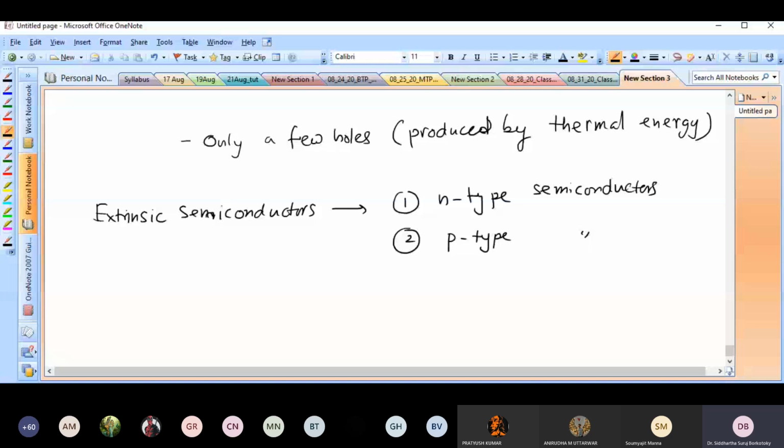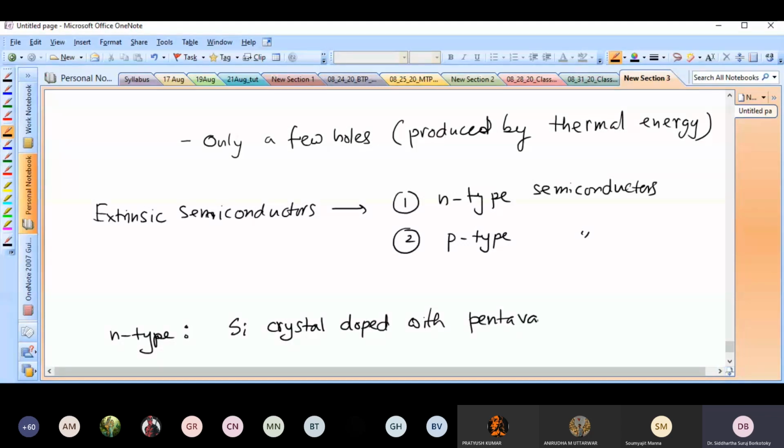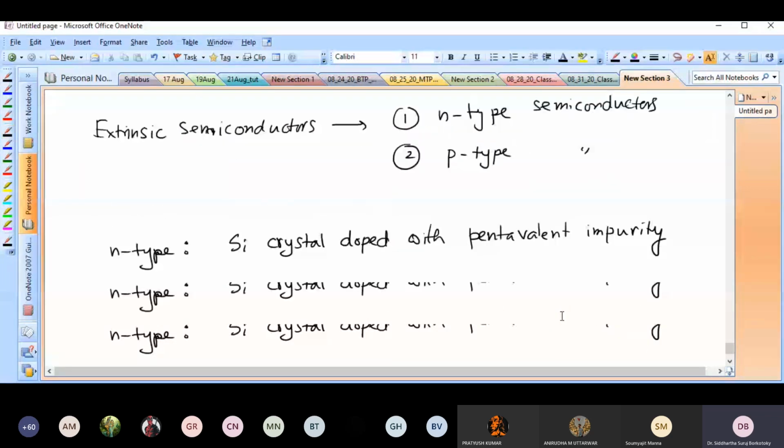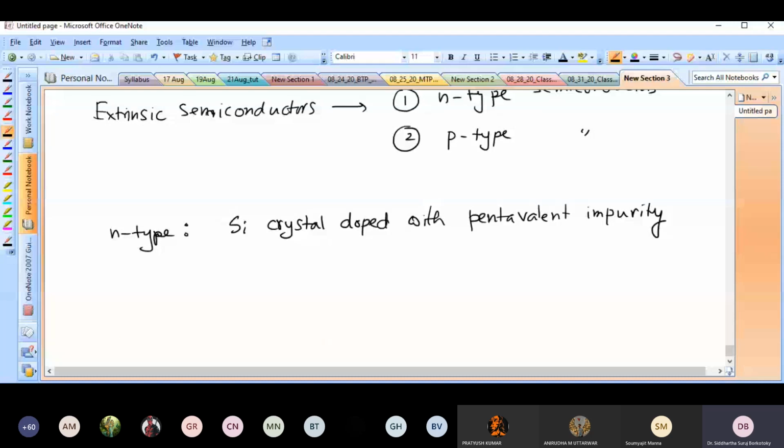So N-type is a silicon crystal doped with a pentavalent impurity. As a result, in this N-type semiconductor, there is an excess of free electrons.